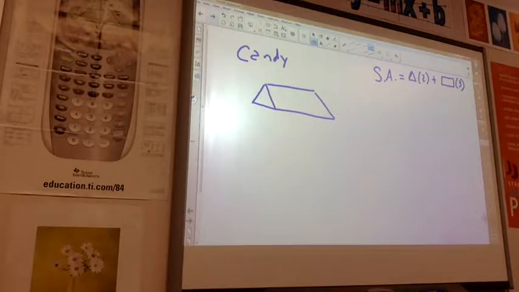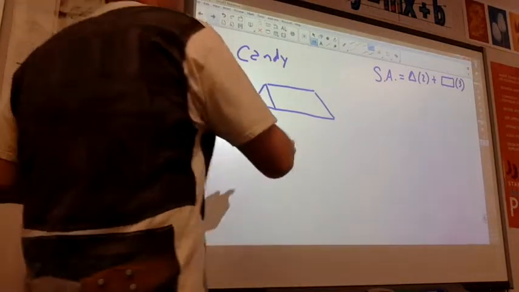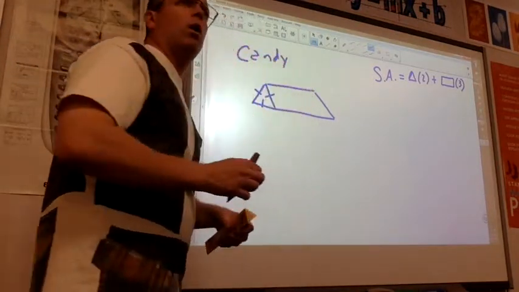What kind of triangle does that look like? Equilateral? Is our test going to have volume? Probably not, but I was just adding this in. It does appear to be an equilateral triangle, so all 3 sides are equal.